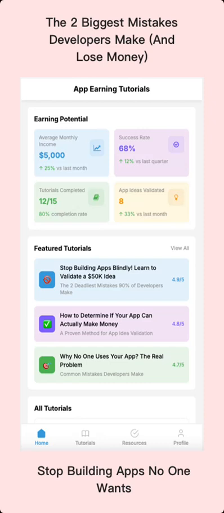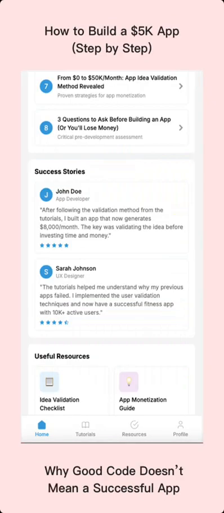So what that means is, popularity is from 0 to 100, and that means how often users are looking for those keywords in the App Store, how often users are searching.